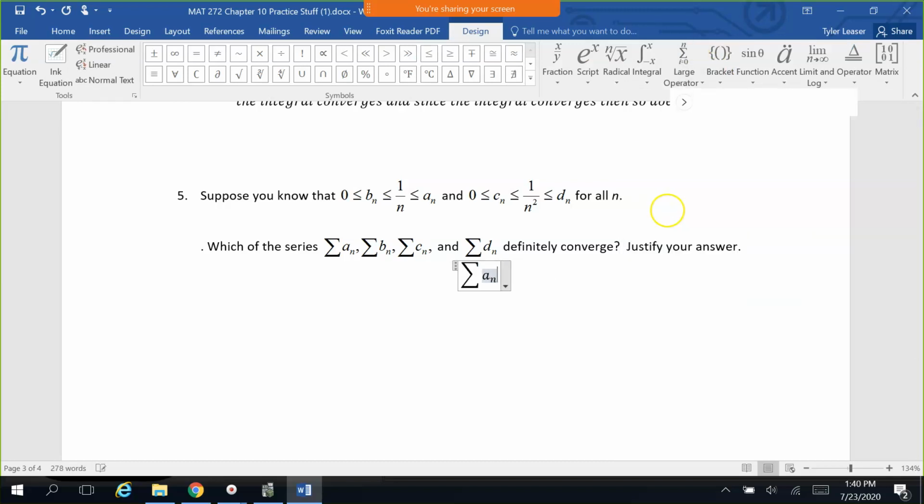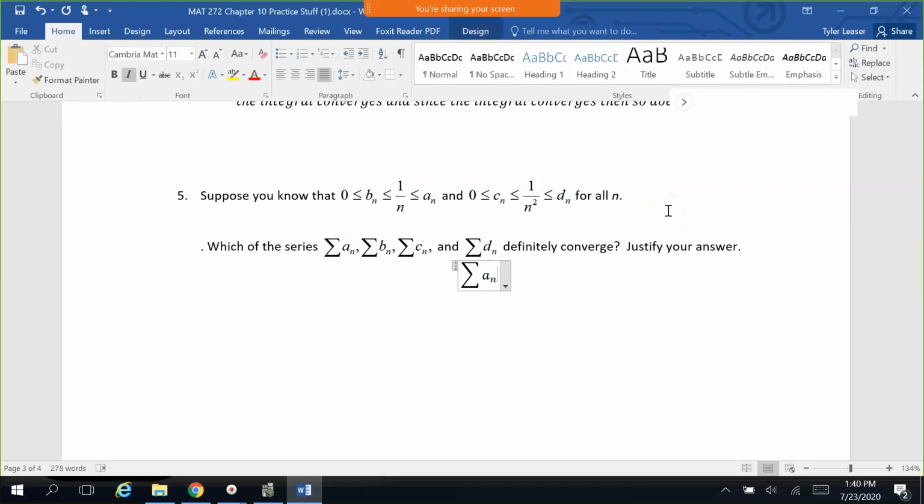Let's start at the beginning, A sub n. So this is using comparison test stuff. The only thing that we know about A sub n as a sequence is that it is always bigger than 1 over n. So if you go back to the comparison test stuff where we had these inequalities with the sequences, you can kind of tell when stuff converges or diverges, whether it is bigger than something that always diverges or smaller than something that always converges.